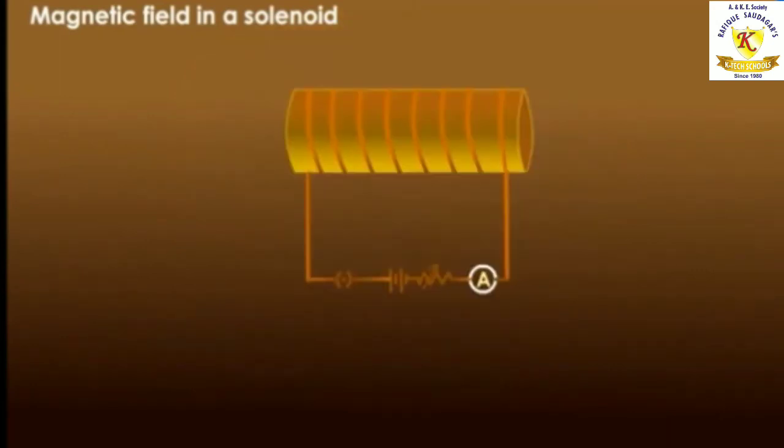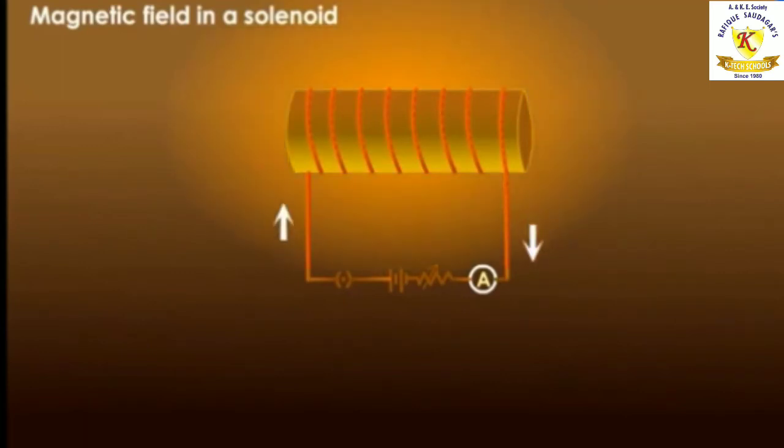Okay. Look at the figure of a solenoid. When an electric current is made to flow through it, then each turn of the coil behaves like a magnet.